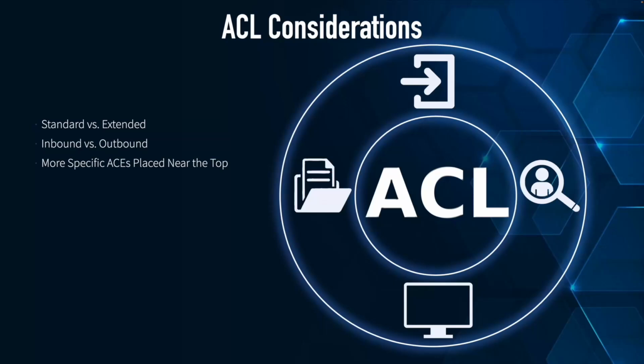Well, if I deny the entire network first before giving the permit statements to permit the individual hosts, that's not going to work, because those hosts, they're going to be denied as soon as we hit that statement that says deny the entire network. We'll never evaluate those exceptions that say permit these hosts. So let's put the host permit statements above the network deny statement. That's an example of putting more specific ACEs toward the top.